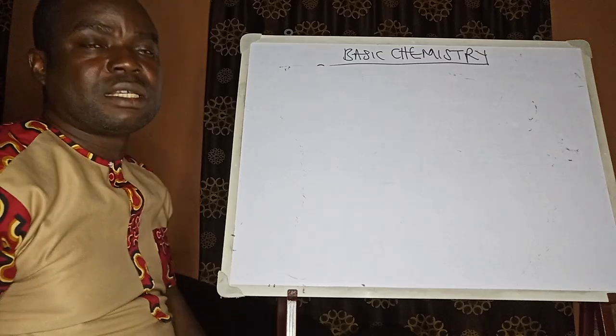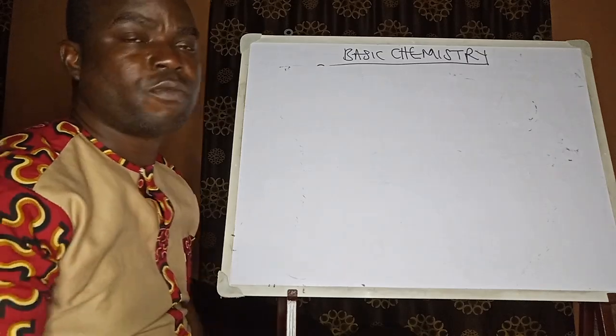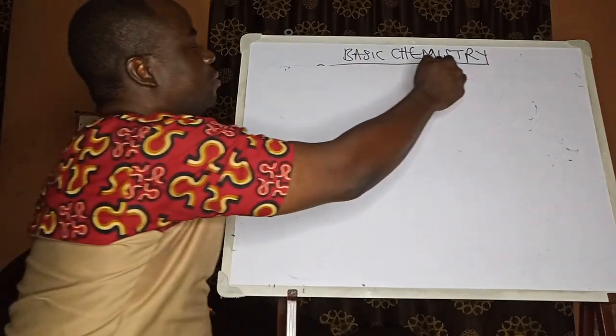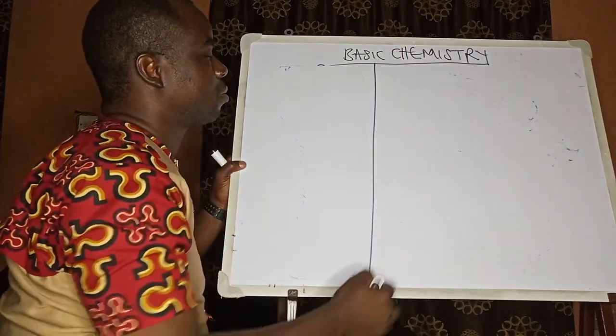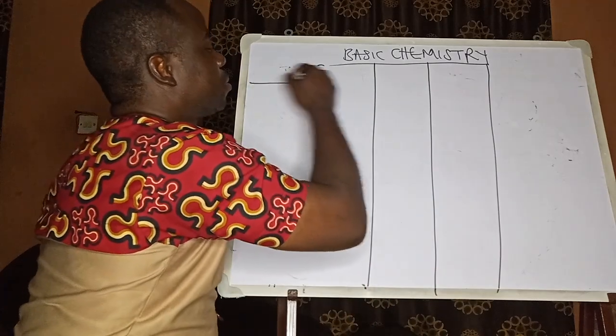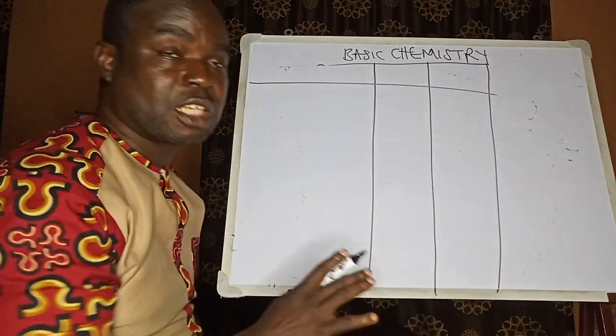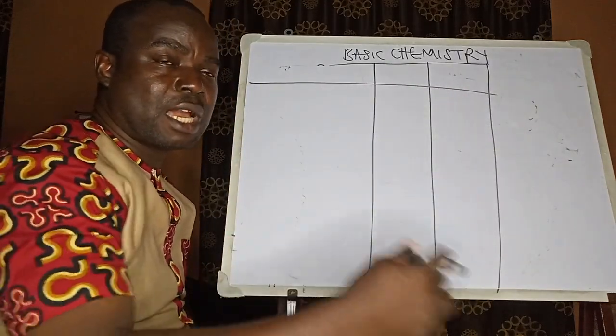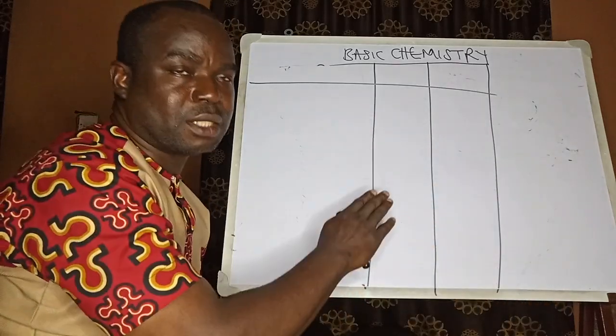Now let me give you some of these symbols. You make a copy of this and keep it. Along the line, we're going to make reference to it.